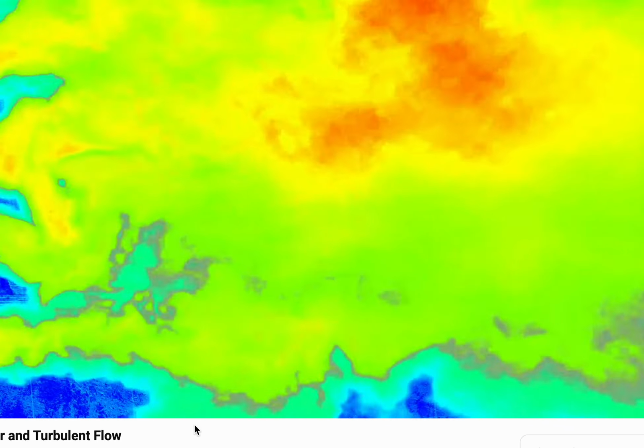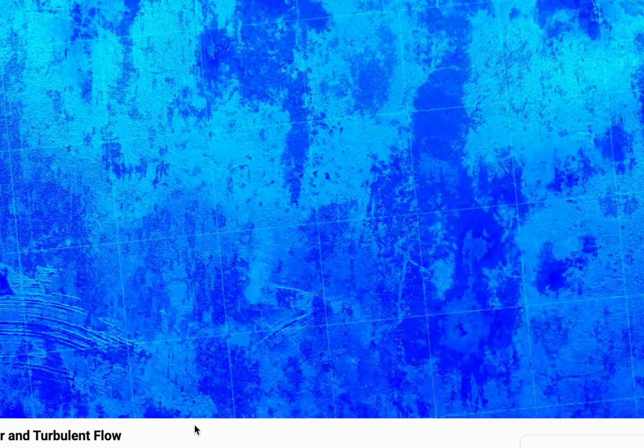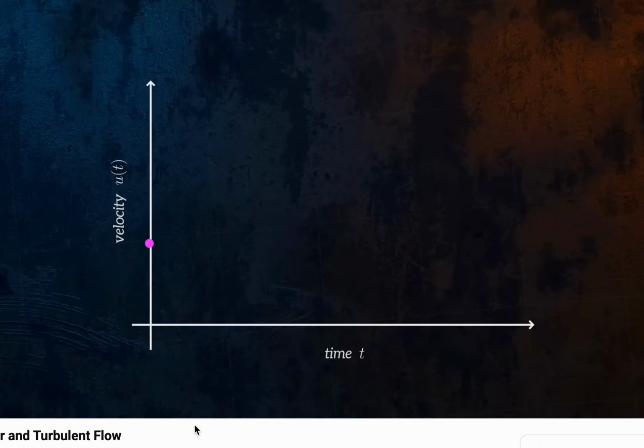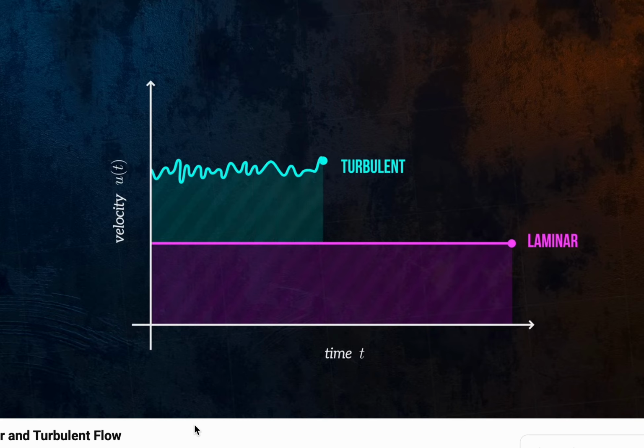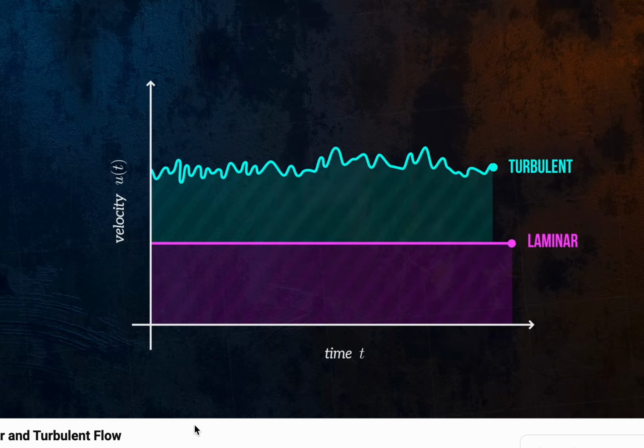If we record the velocity at a single point in steady laminar flow, we'll get data that looks like this. There are no random velocity fluctuations, and so, in general, laminar flow is fairly easy to analyze. For turbulent flow, we'll get data that looks like this. This flow is much more complicated.